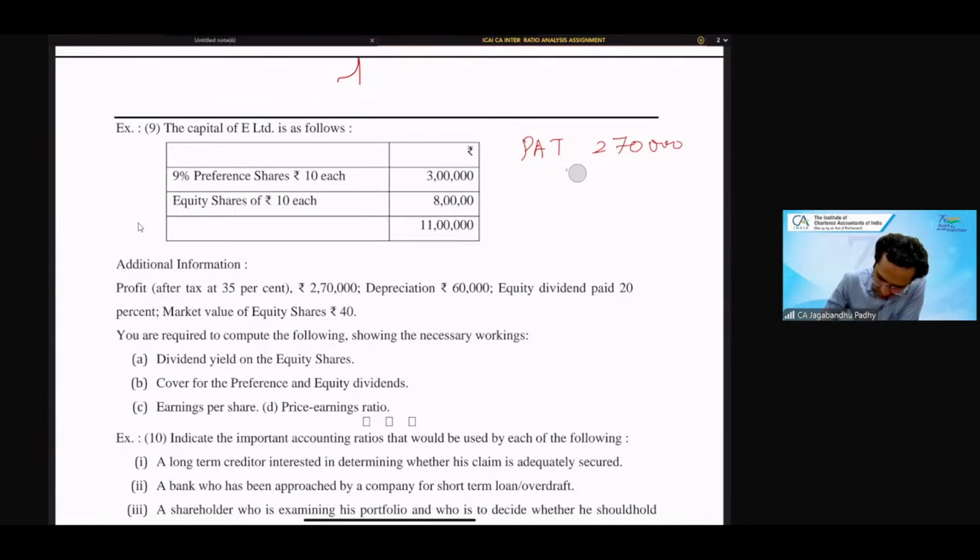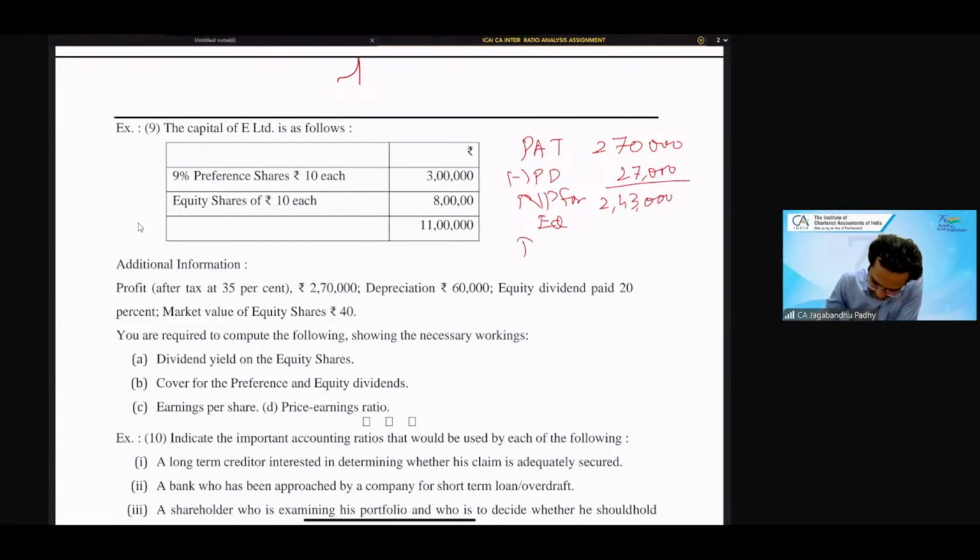From this PAT, we'll have to essentially pay first the preference dividend. The preference dividend is 9% of 3 lakh, which is 27,000. That will give us net profit for equity shareholders, which is 2,70,000 minus 27,000, so 2,43,000.